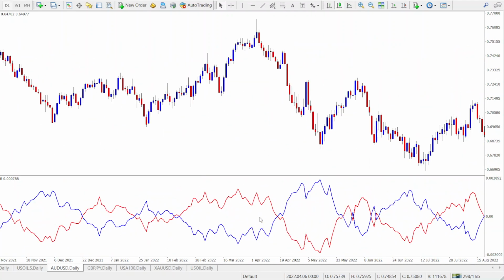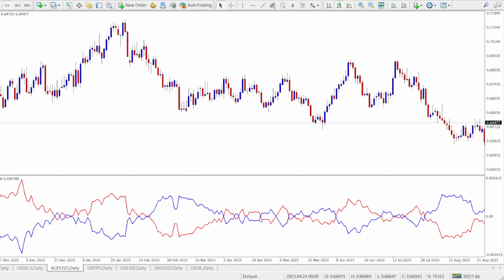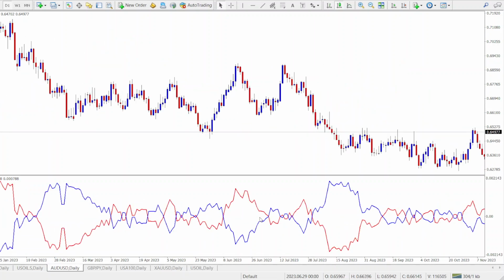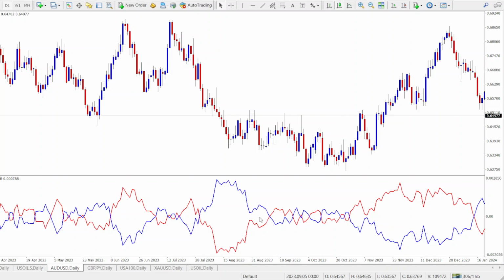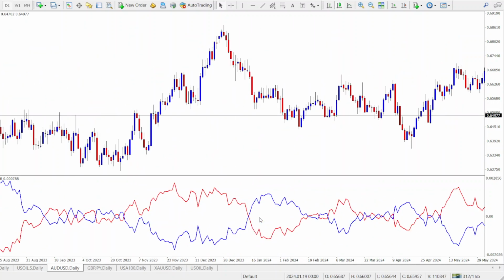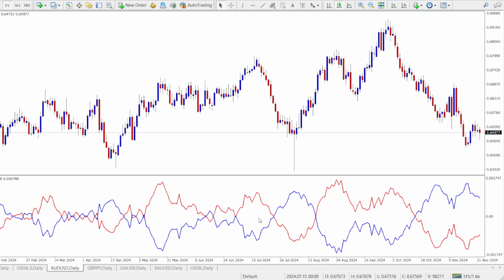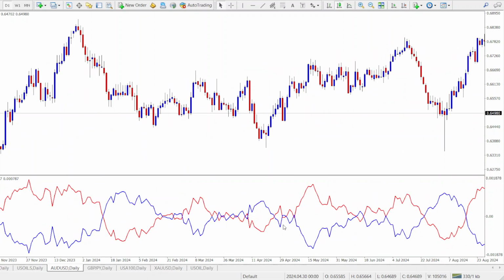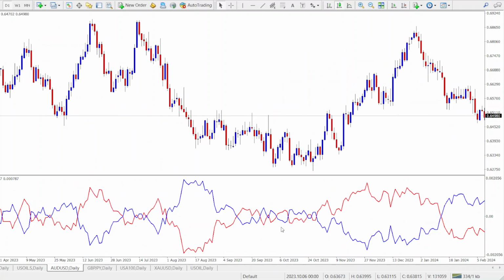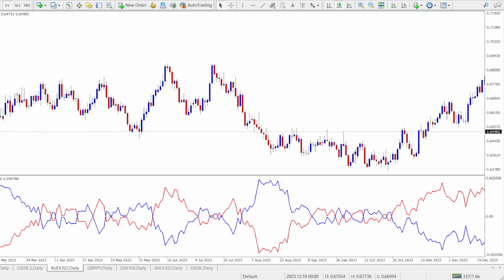The indicator tracks the crossover of a moving average and its mirrored counterpart. Because of that, it offers precise entry and exit points for your trades.